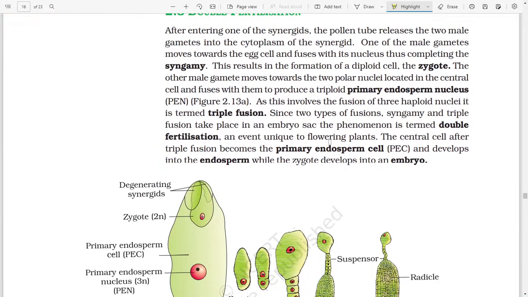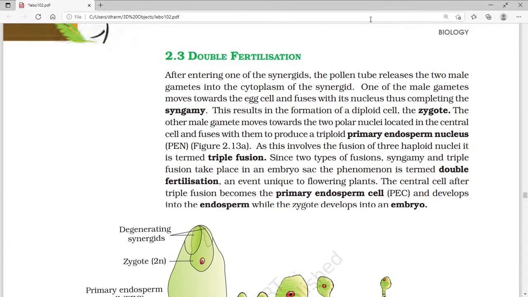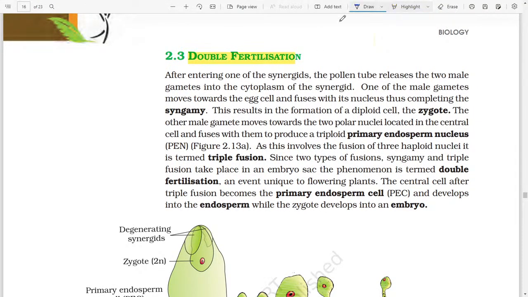Double fertilization is very important in angiosperms. After entering one of the synergids, the pollen tube releases the two male gametes into the cytoplasm of the synergid. One male gamete moves towards the egg and fuses with the nucleus, thus completing syngamy.